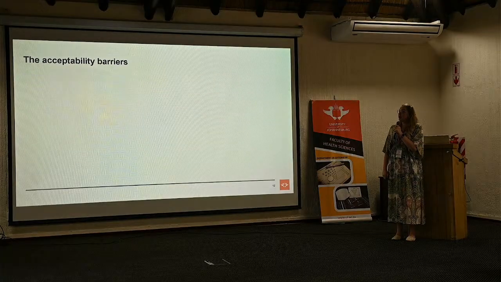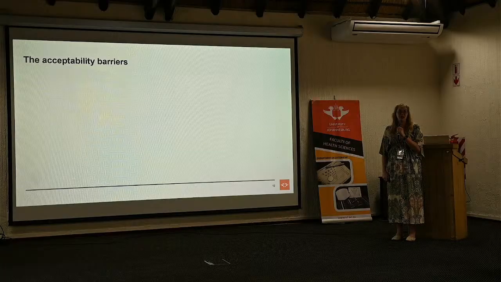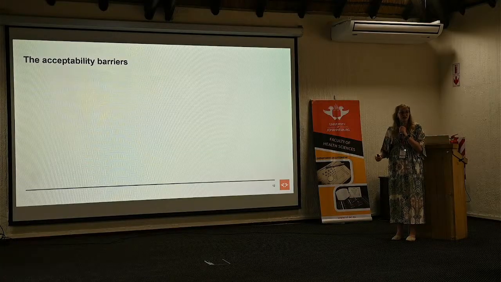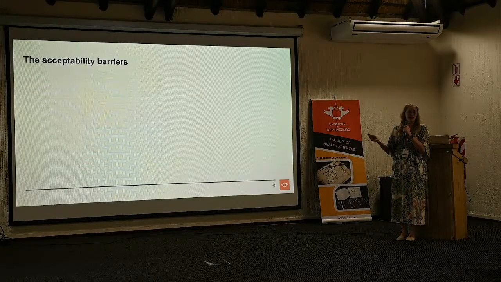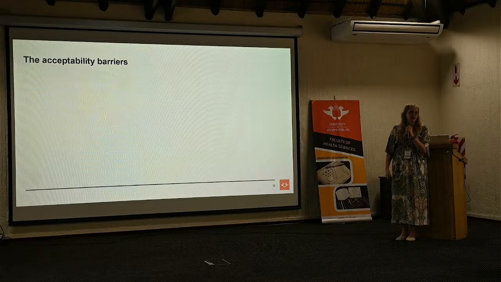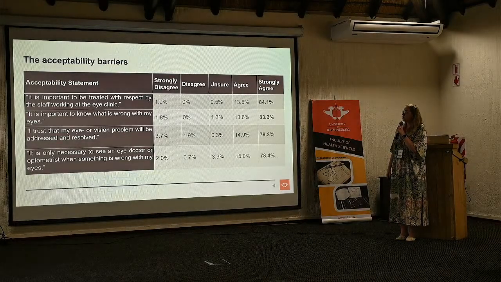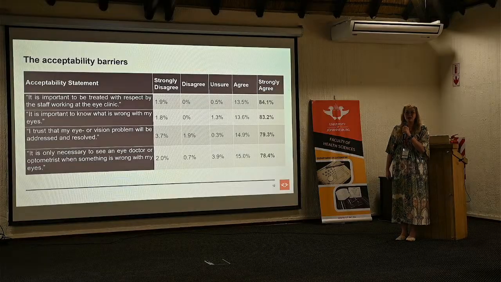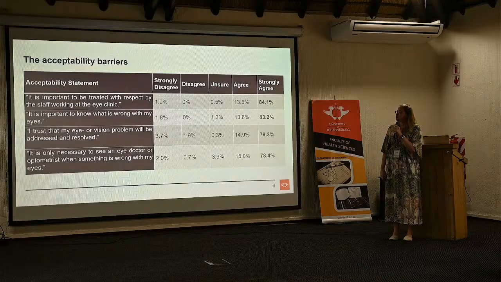The second dimension of access that was investigated was the acceptability barriers, which describes the interaction of an individual with a healthcare system or their attitude towards this system. Patients were given statements and asked to report how agreeable these statements are to their experiences. The most agreeable statement was that it was important to patients to be treated with respect when visiting an eye care professional.